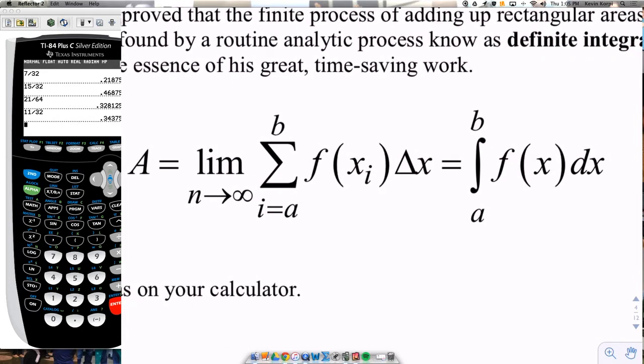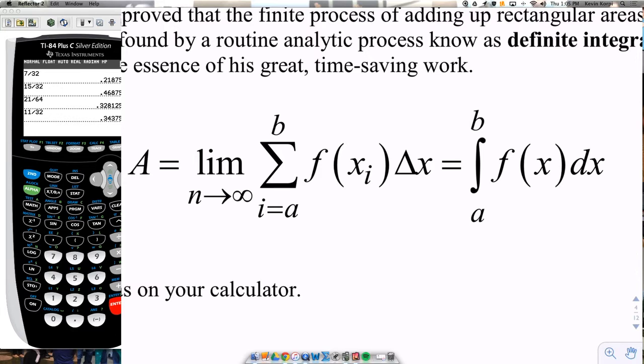And I kind of showed you this idea yesterday. Without getting into the specifics, like we did with the limit definition of the derivative, this is the limit definition of the definite integral. The area of a positive region is the limit as n goes to infinity, you let the number of rectangles go to infinity, of the sum from left to right, from A to B, of all your heights, which are your f of x sub i's, times your widths, which are your delta x.